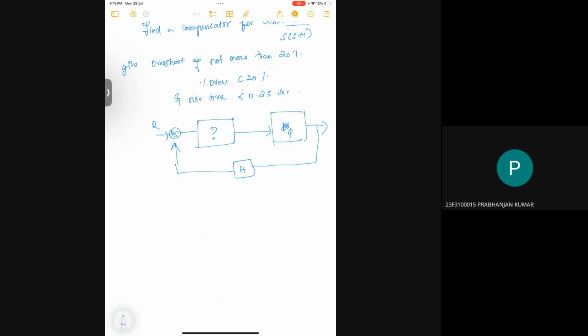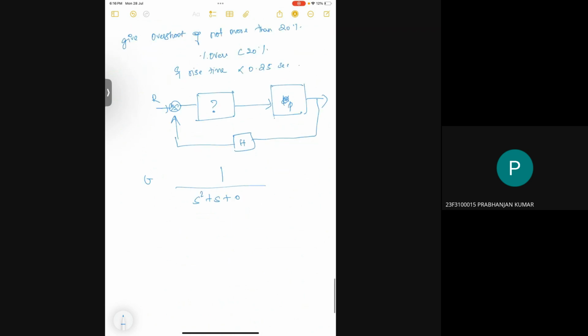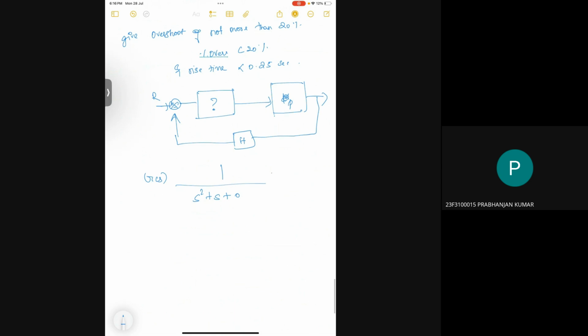Right. First of all, this is a second order system. The denominator would be s squared plus s plus 0. There is no constant here. This is an open loop system. First of all, we need to find the damping ratio zeta. How will we find zeta? We will first write it in terms of a closed loop system.